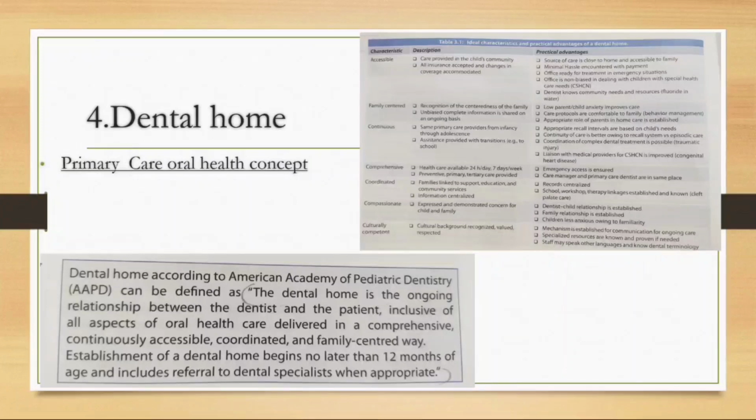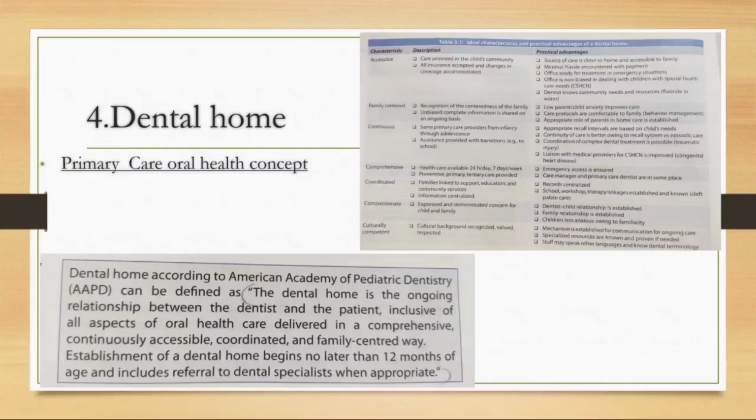Regarding the ideal characteristics, I have listed them out: it should be accessible, family centered, continuous, comprehensive, coordinated, compassionate and culturally competent. And what are the advantages of dental home? It embraces the importance of early intervention with optimal preventive strategies, and it encourages the first dental visit by approximately 1 year.